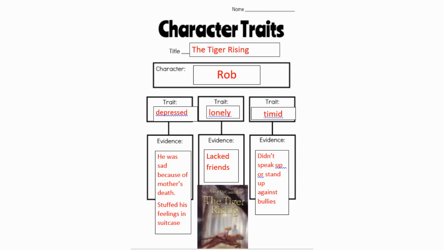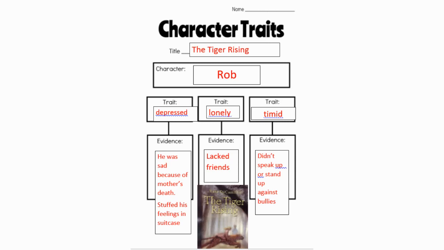Another character trait for Rob is lonely. Some evidence for that is he really lacked friends. He didn't have a lot of friends before he finally met Sistine. He really only talked to his dad and the principal and Willie Mae, but he didn't really talk to anybody of his age. And then another character trait for Rob would be timid.